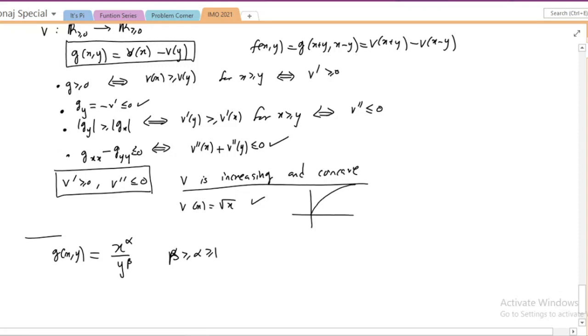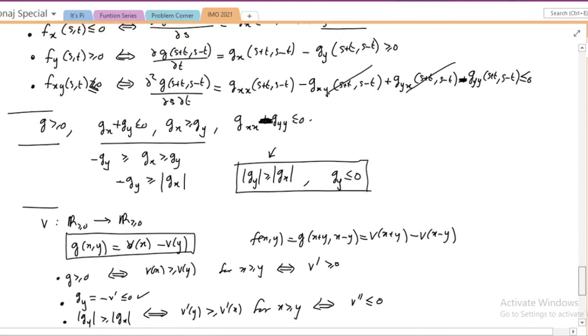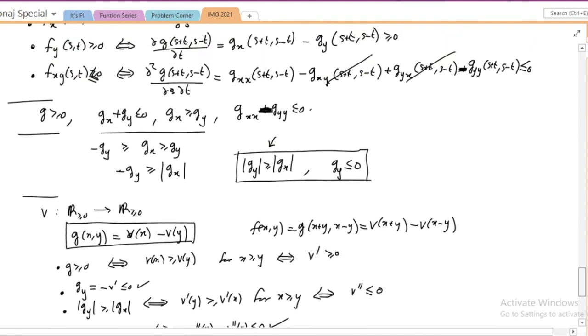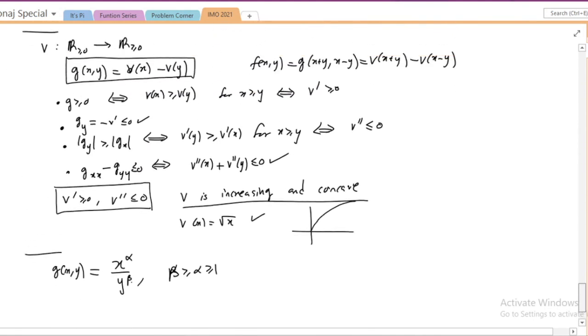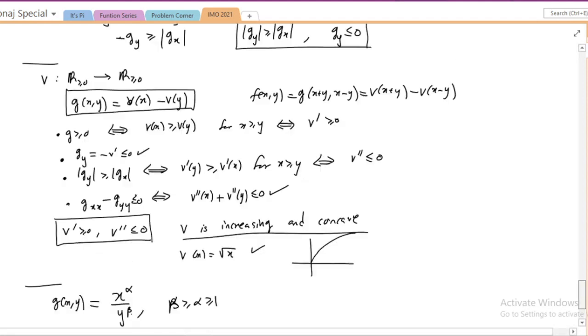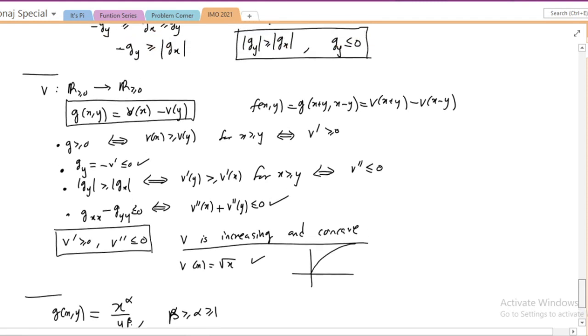So for this one, you just simply need to differentiate and you can see it coming out. Certainly for the range of values we're dealing with, it's positive, except at the boundary where y is 0. So that's part of the tricky parts.